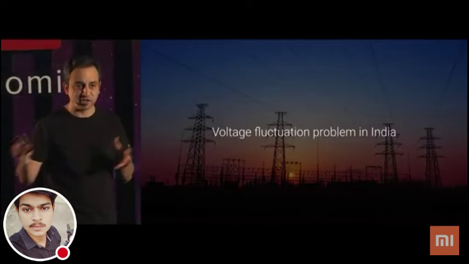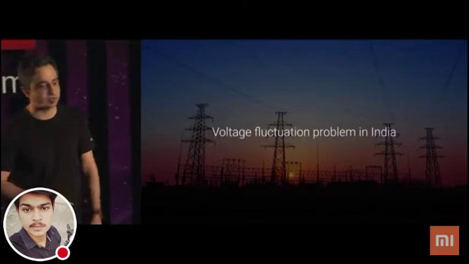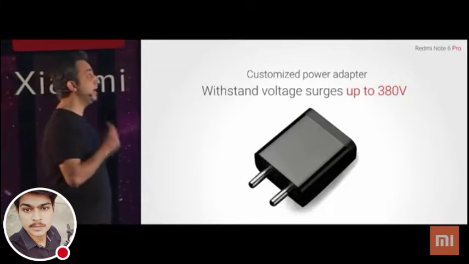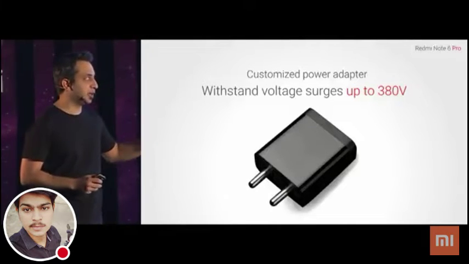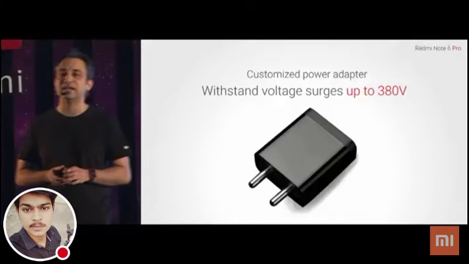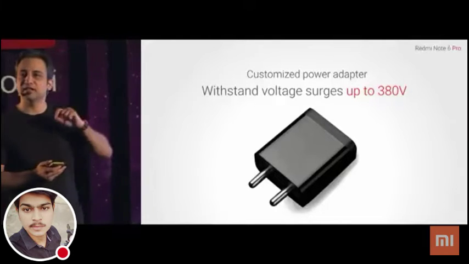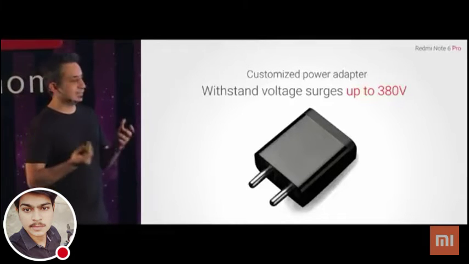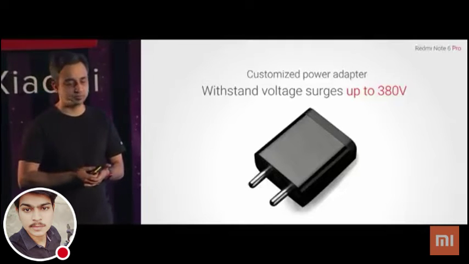Obviously, the worst case scenario, the charger and the phone is dead, and then you've got to go to the service center and go through the entire process. We've kind of eliminated that by having a made for India voltage charger, power adapter. Now, our power adapter can withstand up to 380 volts. So really useful. Again, small innovations that all add up. So all the spikes, anything that you get, your phone is protected thanks to the Xiaomi charger.